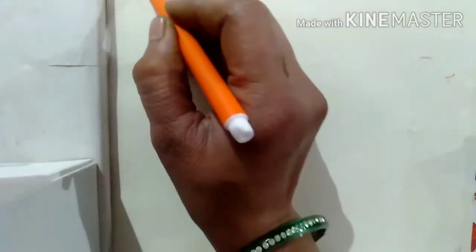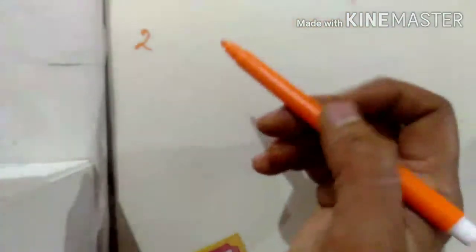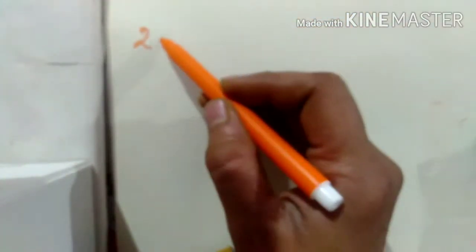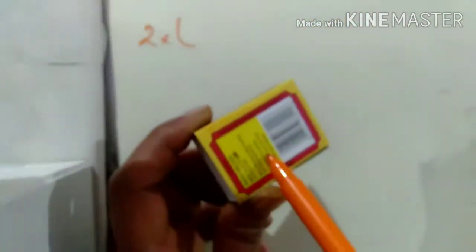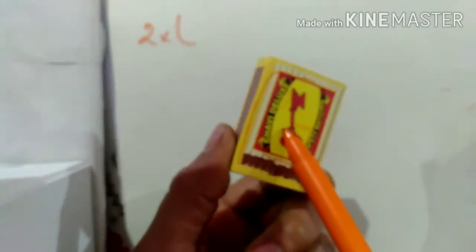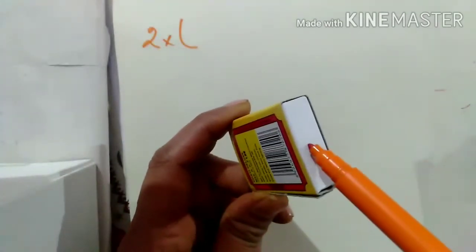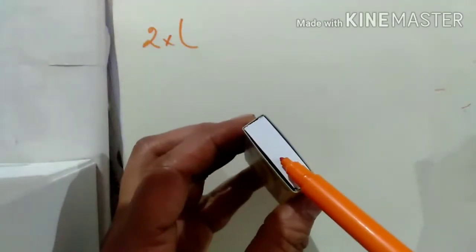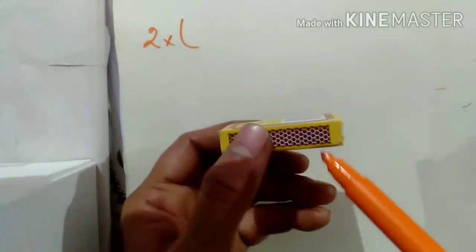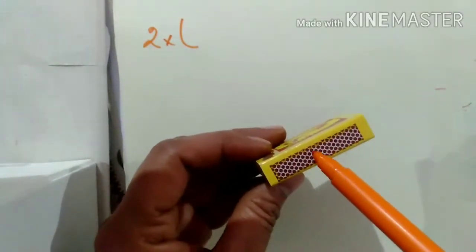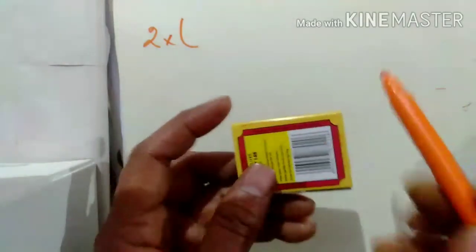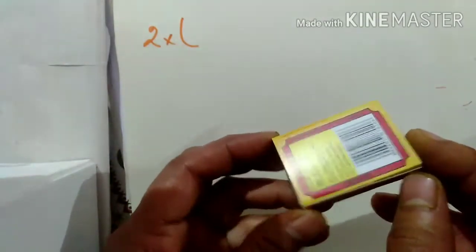So 2 times the area is taken. For this face and this face, the areas are the same. For this face and this face, they are the same, and this face and this face, they are the same. So 2 times each area is taken.